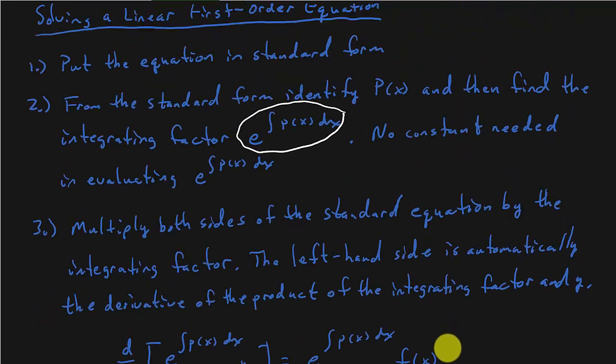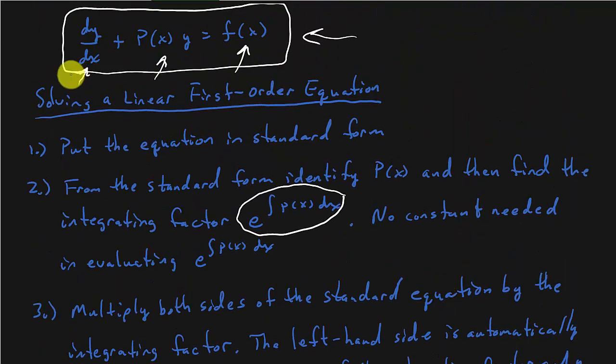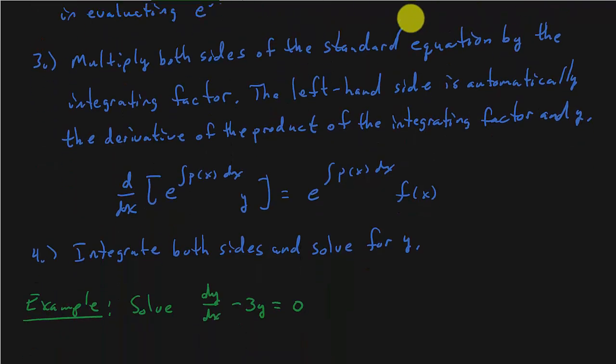So after you multiply each term by the integrating factor, we can rewrite that as the derivative of the integrating factor times y with respect to x. I'll show you in one of the examples how that works out. And then we've got the integrating factor times our function f(x). Then we integrate both sides and solve for y.